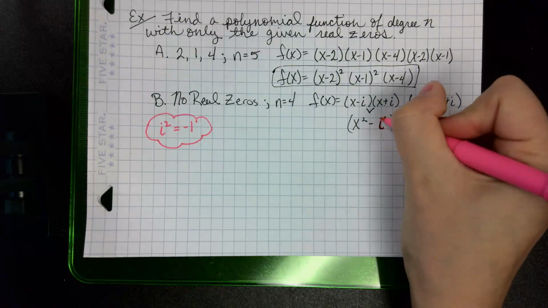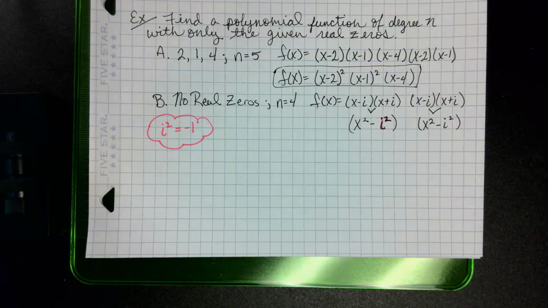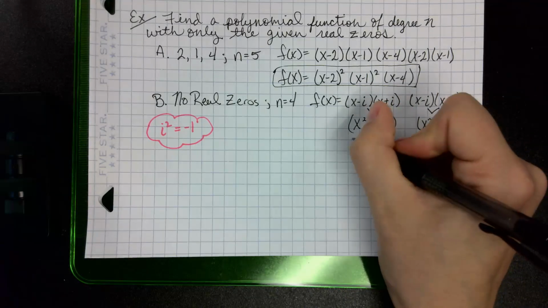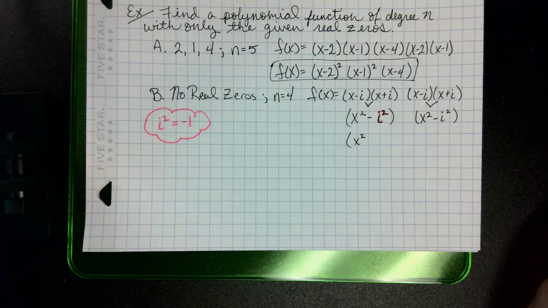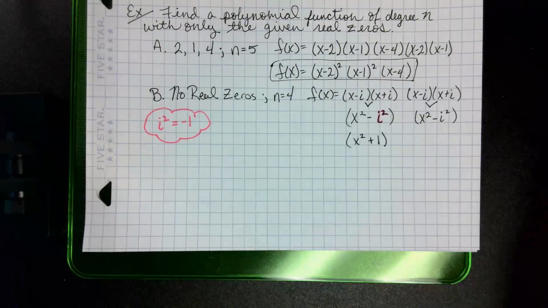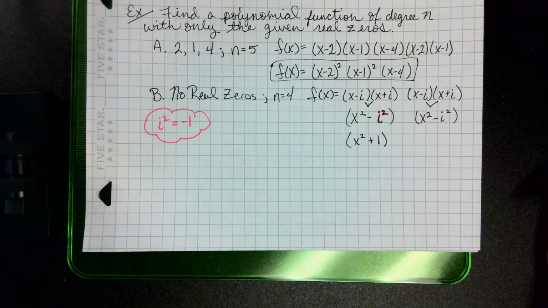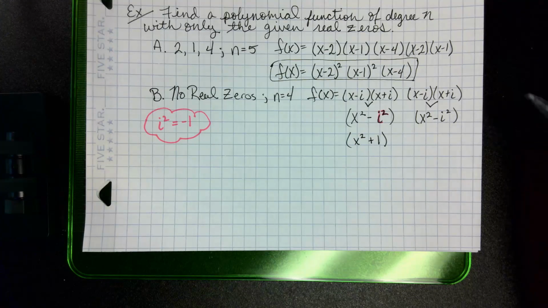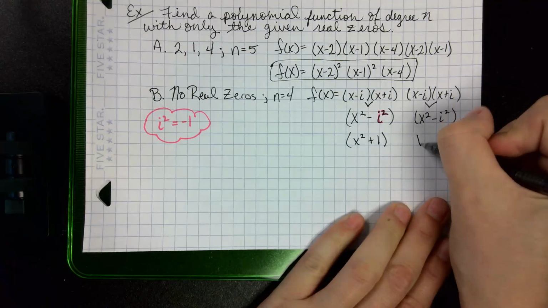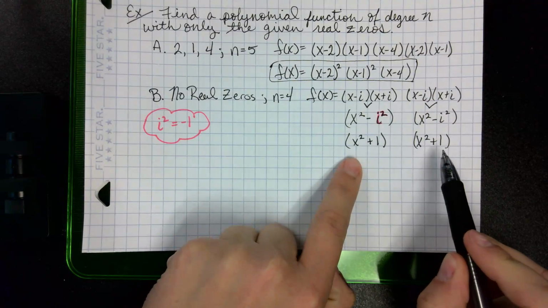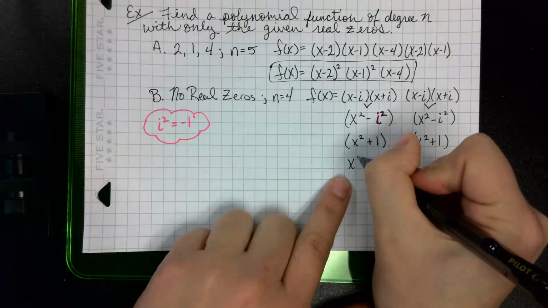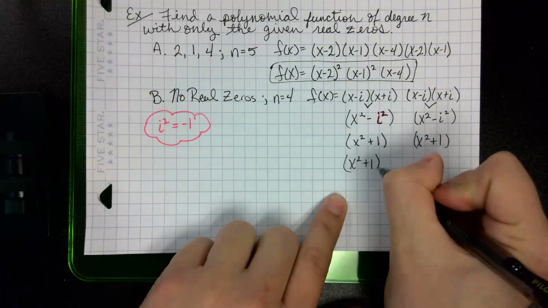But that's what I have right here, is i squared. So that means I could turn this into x squared minus -1. Well, minus -1 gives me +1. Right? And so that means this one would do the same thing. So this also would be x squared plus 1. And if I have two of them and they're exactly the same, that means I have x squared plus 1 squared.